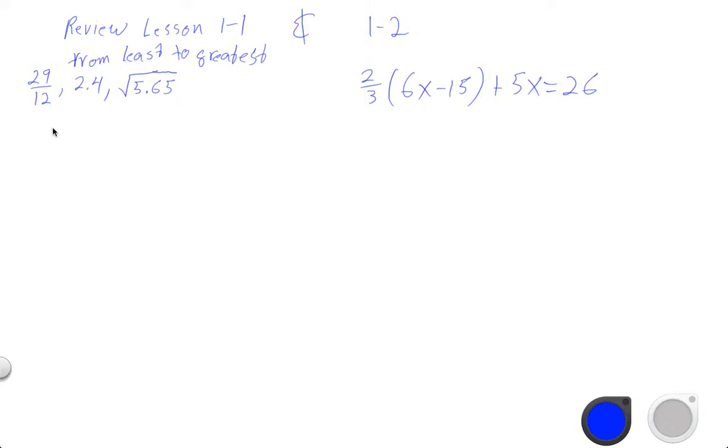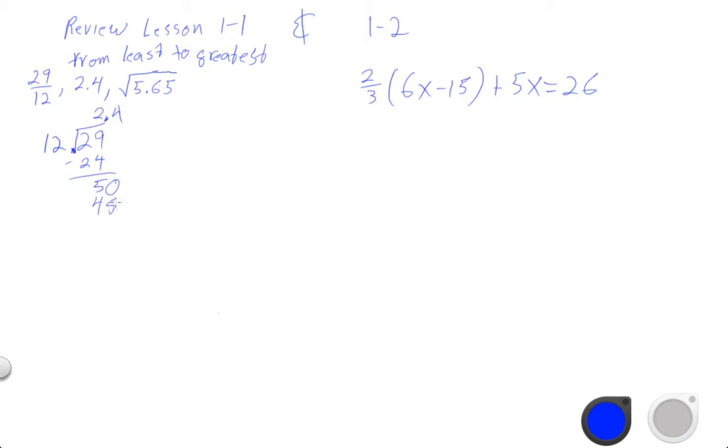So let's just start with 29 over 12. That's 12 into 29. Ignore that little mark, it's not a square root. 12 into 29, that's twice. That gives me 24, and that's a 5. So 2 and 5/12. 12 doesn't go into 5, it goes into 50 4 times.